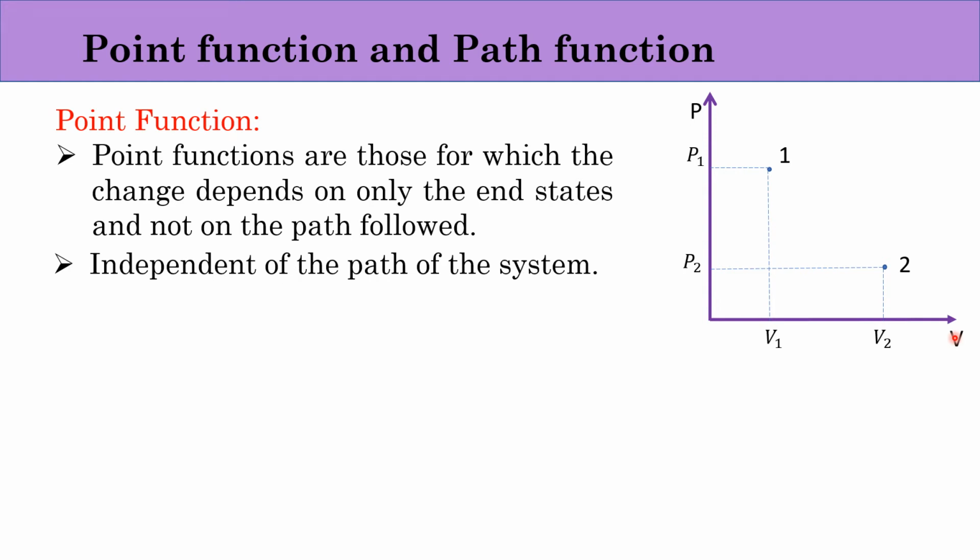Or we can also say that they depend only on the initial and final state of the system. For example, we need to find the volume difference. We can simply find it by subtracting V1 from V2. That is V2 minus V1 will give you the change in volume.